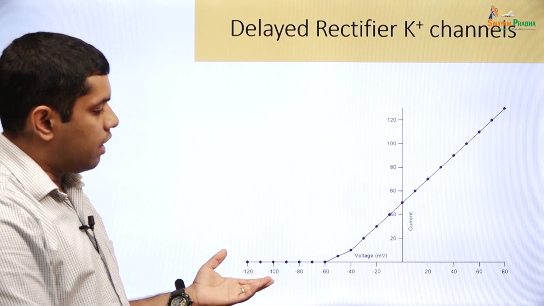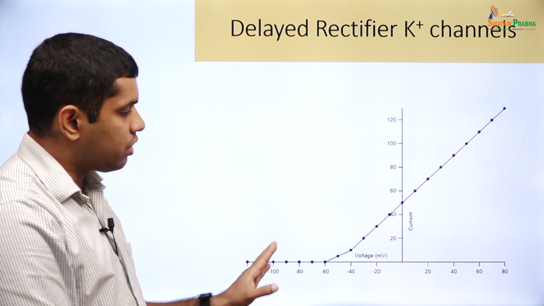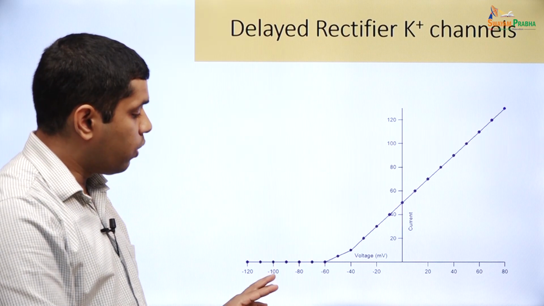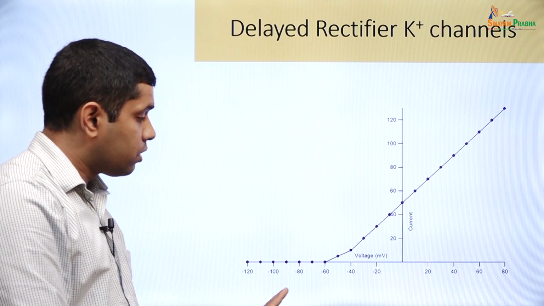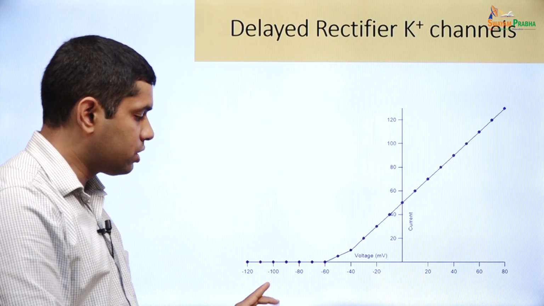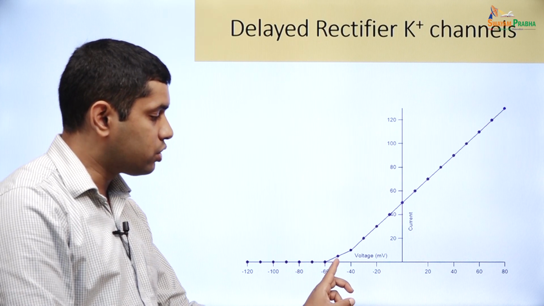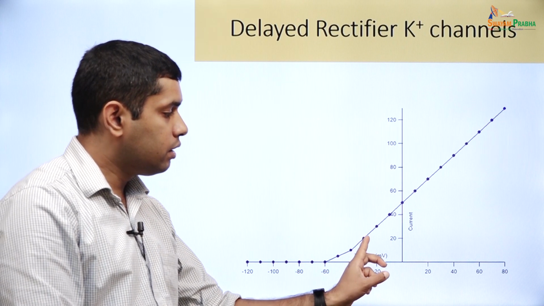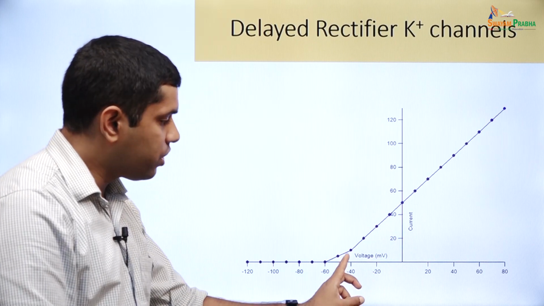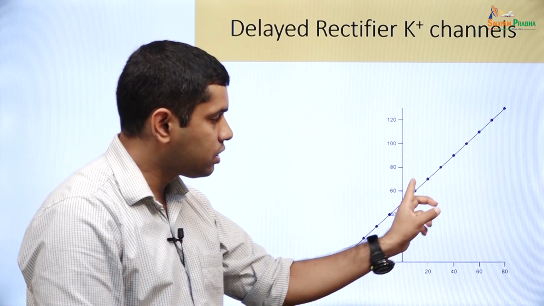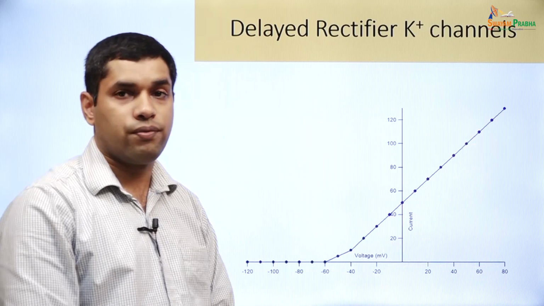Their typical current profile would look similar to this, where they are closed at hyperpolarized voltages, and as the membrane gets depolarized at a particular threshold, they start permitting current passage, and they are outward rectifiers, so you see outward currents due to potassium exit from the cell.